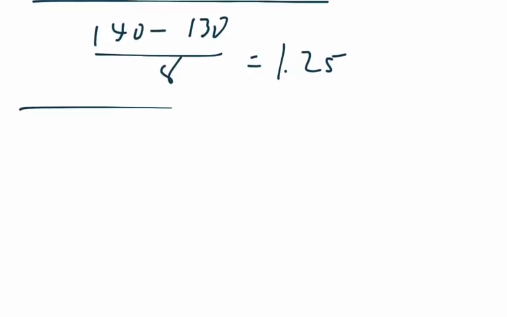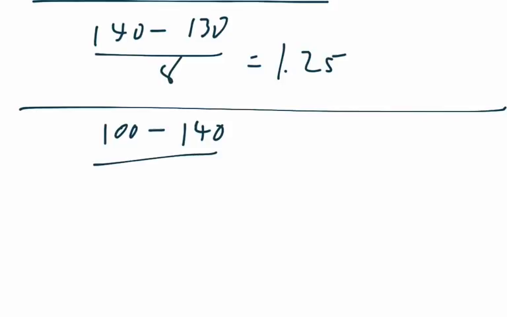Last question, what happens if we both changed our blood pressure to be 100? So 100 minus 140 divided by 6 turns out to be negative 6.67.